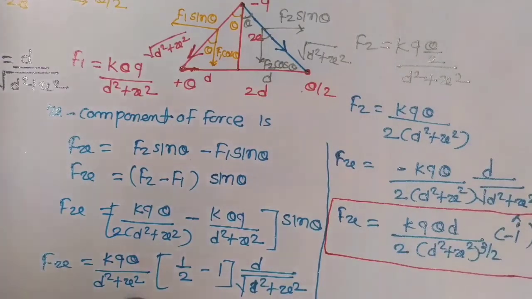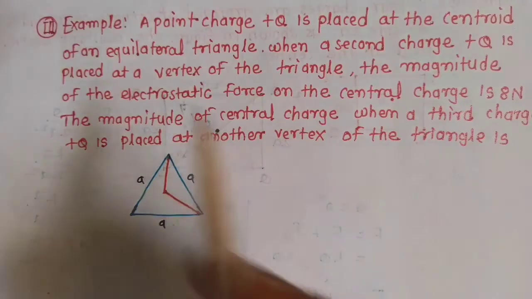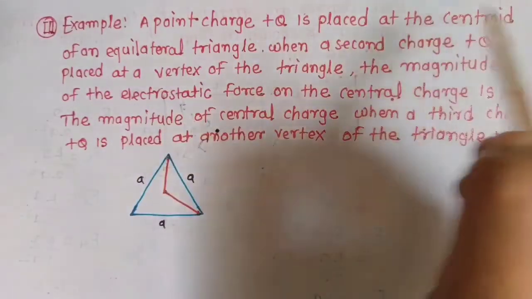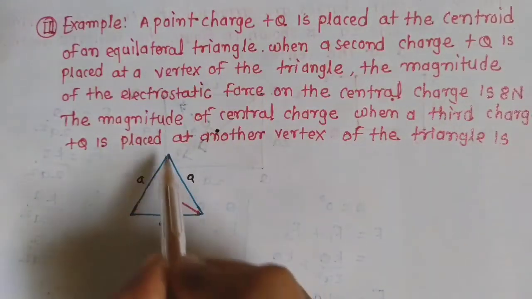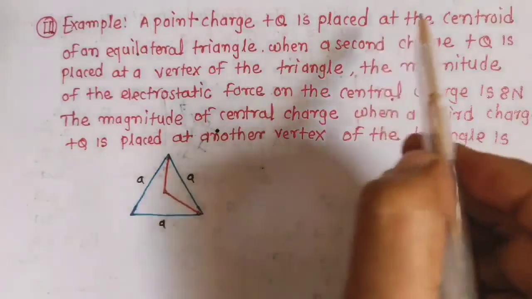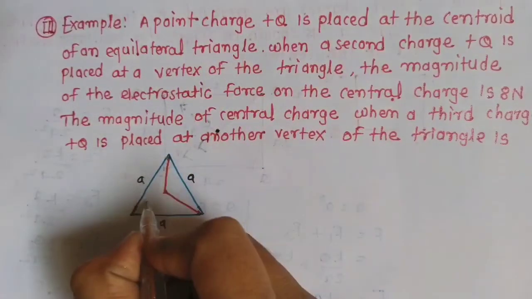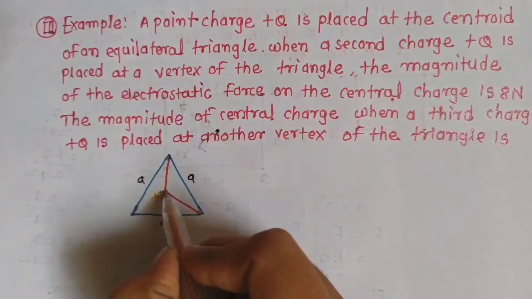Example number 3. A point charge plus q is placed at the centroid of an equilateral triangle. So here we have an equilateral triangle and a point charge plus q placed at the centroid.